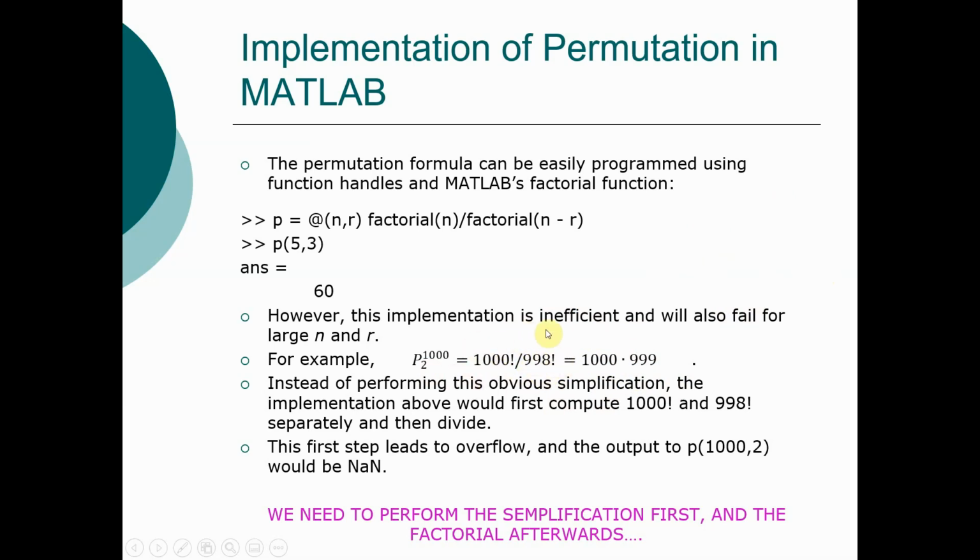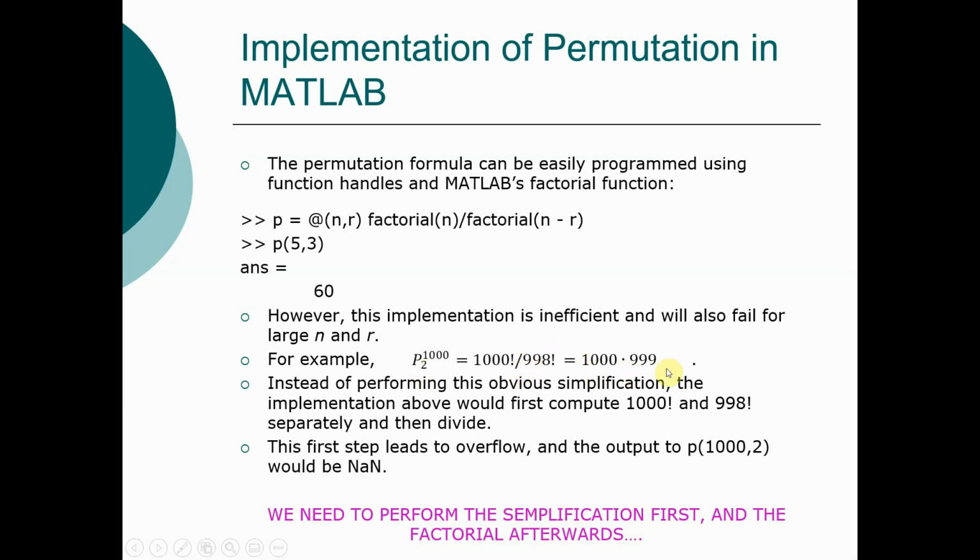But is it easy to calculate? 1000 factorial is a very, very huge number, right? So in most cases, your software or your programming language is going to give you an overflow error, because it cannot show this number.